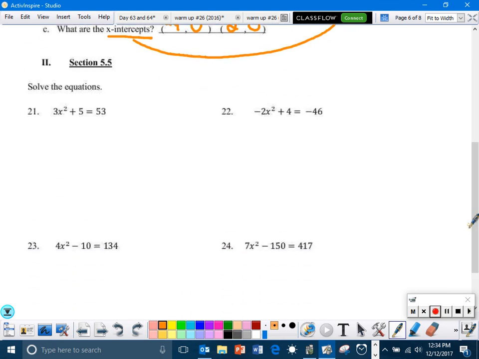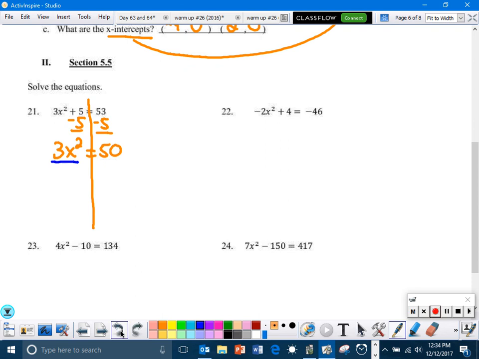All right, we're going to solve. So the last section was solving equations. So we're going to solve this equation. All right, here we go. So first step. Step 2. Whoops, hold on here.